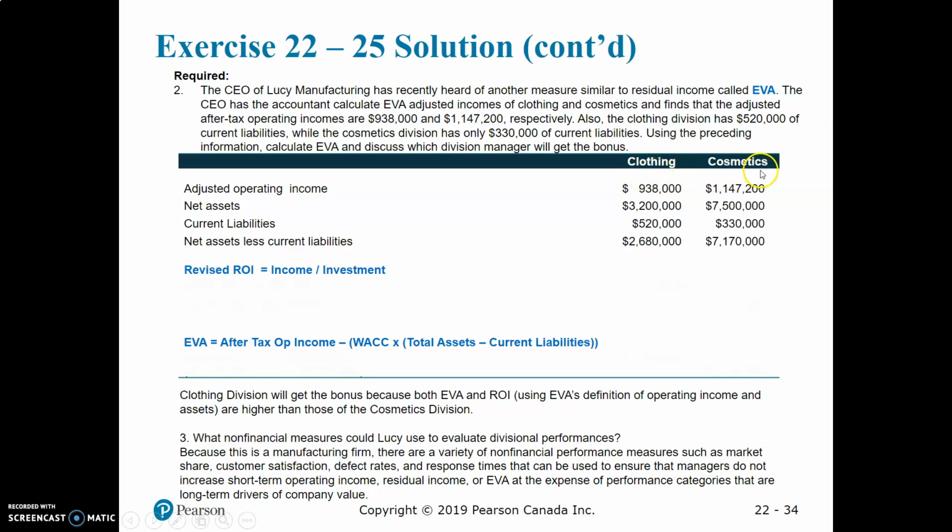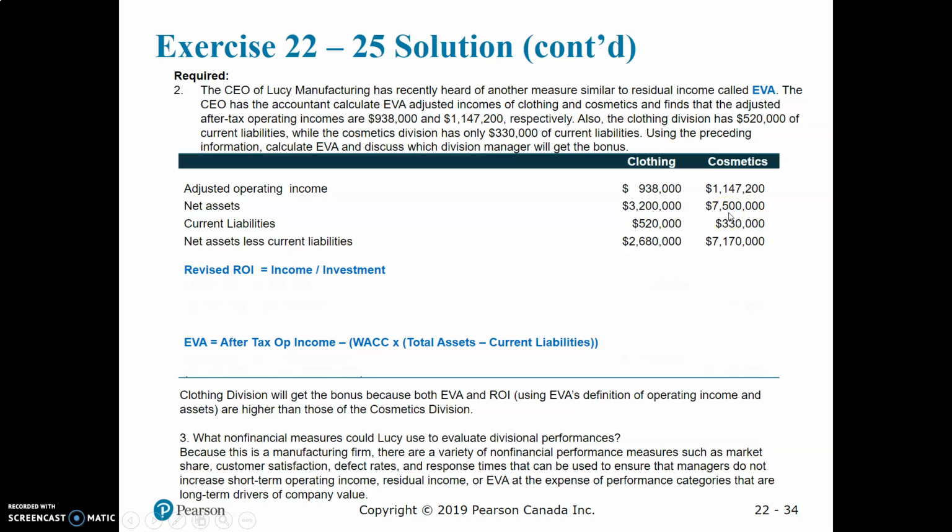For the cosmetics division, the adjusted operating income, as per question number 2, is $1.1472 million. From the earlier information, we know that the cosmetics division has a net asset investment of $7.5 million.